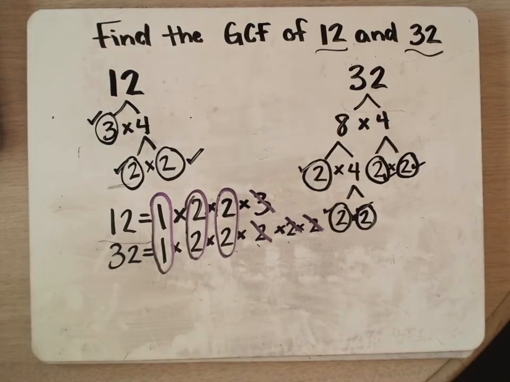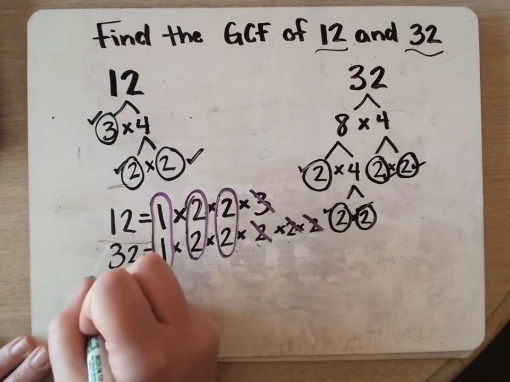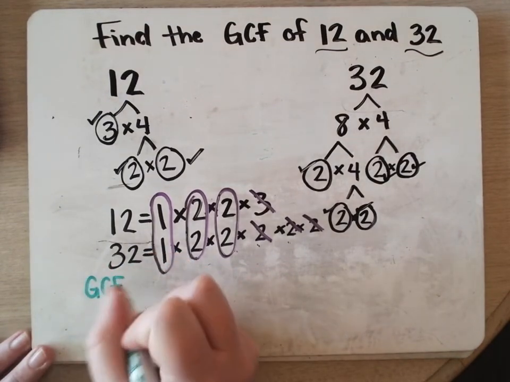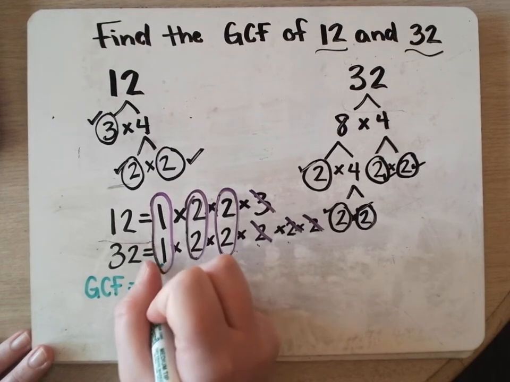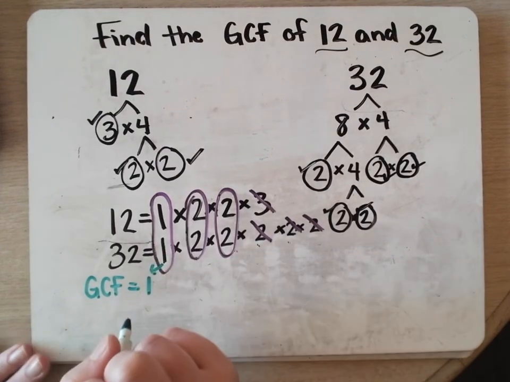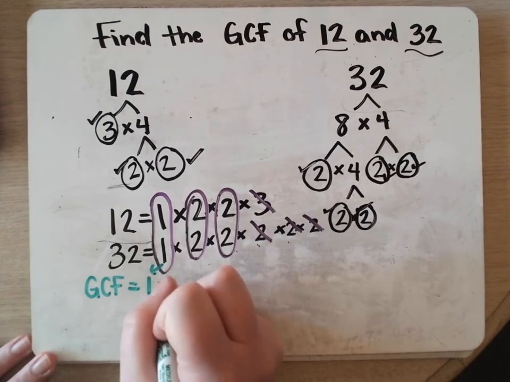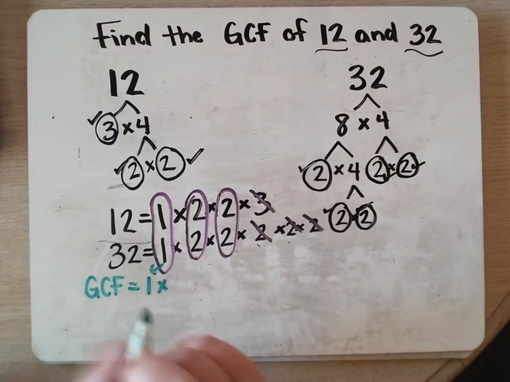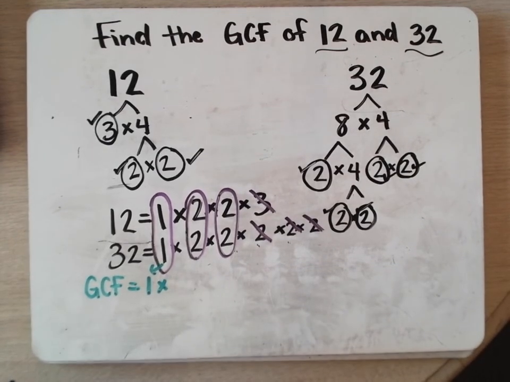Now your next step is you have to pull out one number from each pair. So GCF, in this case, equals, I pull out one of those 1's times, because remember, we're looking at factors, so we're always going to be multiplying for this.